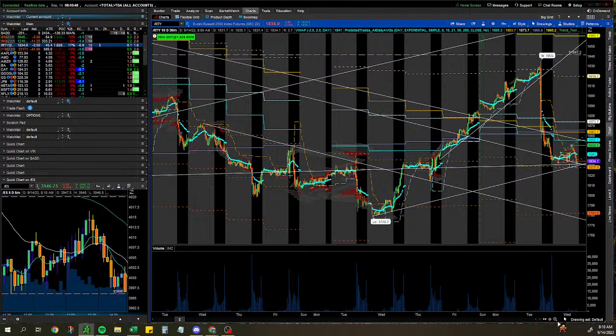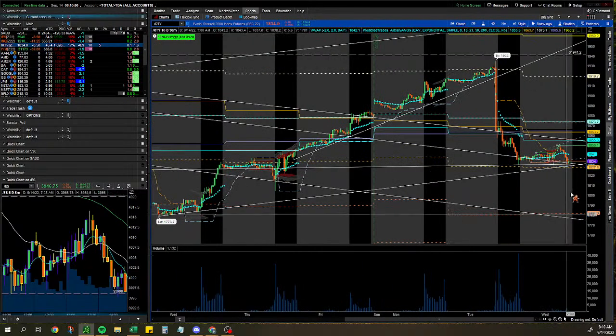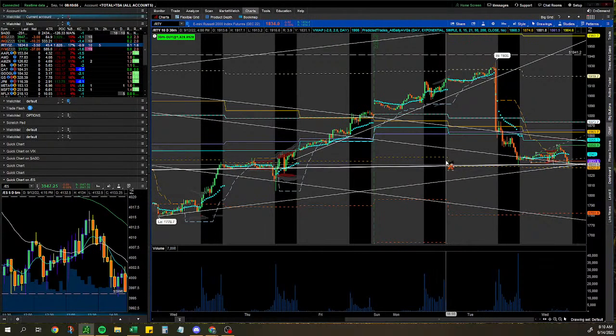So, Ruddy, down at that first Keltner. So let's see if we can hold the trend line I just drew. Sorry, we have a ton of trend lines here.